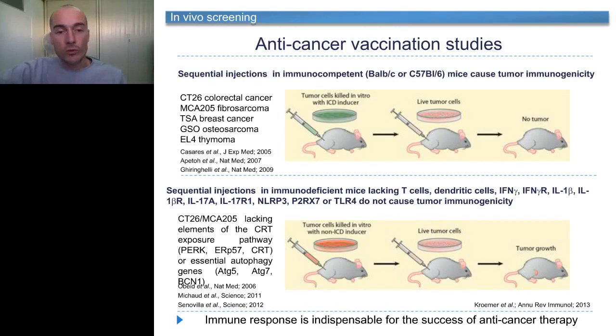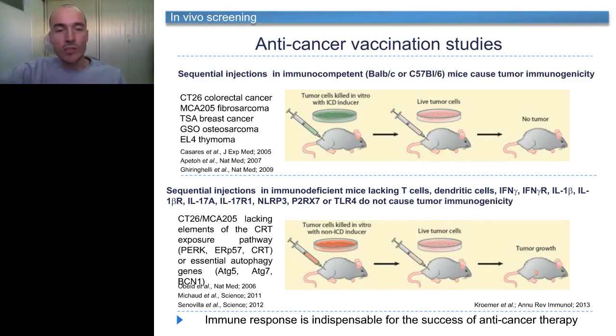We used different model systems, and we published this during the last, well, let's say decade, in quite a number of high-ranking papers. In these papers, we actually identified parts of the pathway that is needed to mount an active anti-cancer immune response.